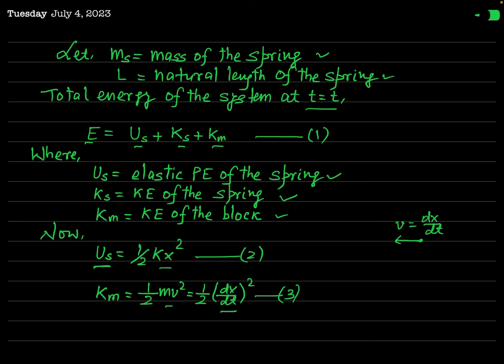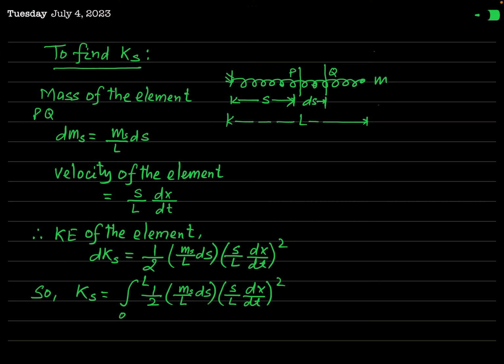Okay. Now let us try to find what will be the kinetic energy of this spring. You cannot write the expression for the kinetic energy of the spring directly. Why can you not write it? Because if you look at this figure, this end A of the spring is connected to a wall, which is just a rigid support, and so the velocity of the spring at this end A is always equal to 0.